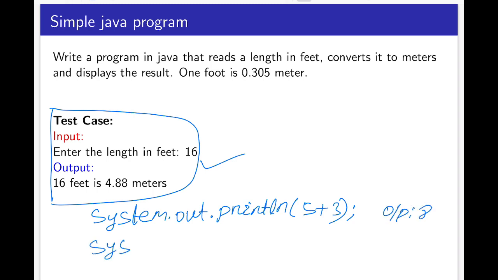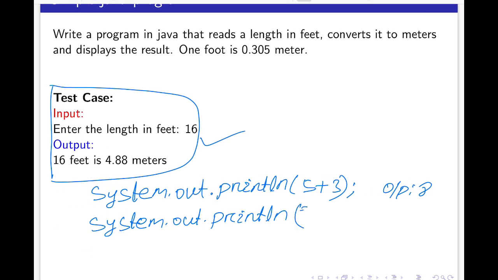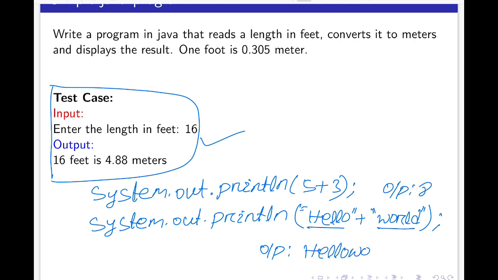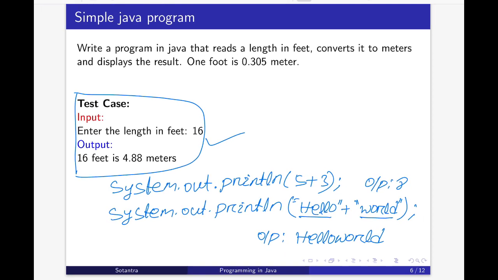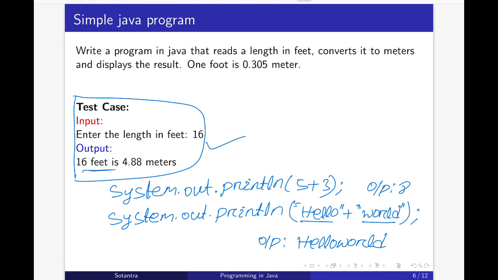Now if I write System.out.println "hello", hello is one text or one string, plus "world", world is another string, then this plus operator is going to join this string with that string, or the plus operator is going to concatenate these two strings, and it is going to print hello world.